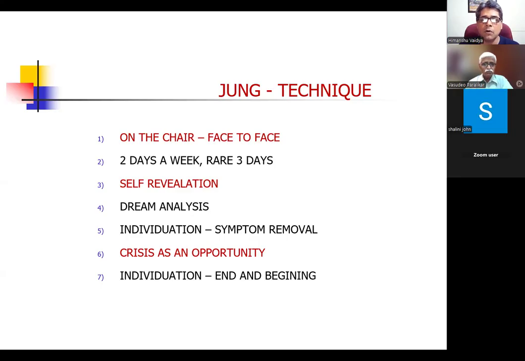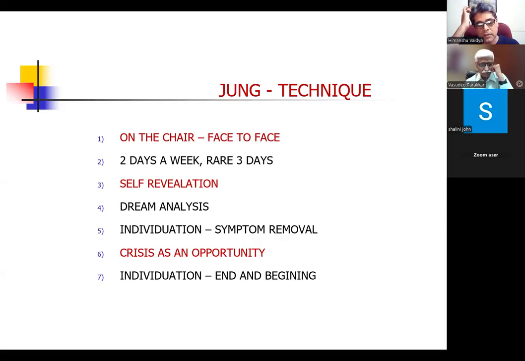It is focused on individuation and symptom removal is secondary. So the focus is different. So it is more of a self-growth school than a clinical school. A clinical school is largely focused on symptom removal, whereas a self-growth school is more on individuation.